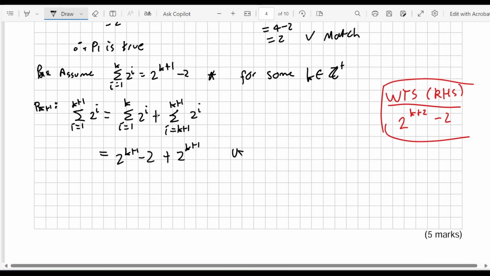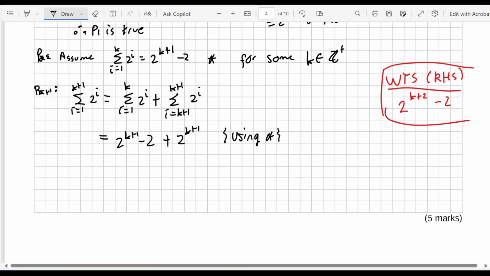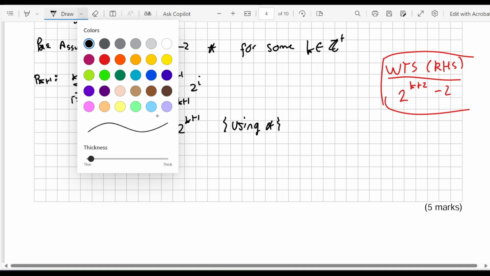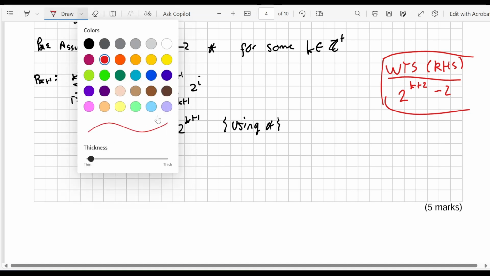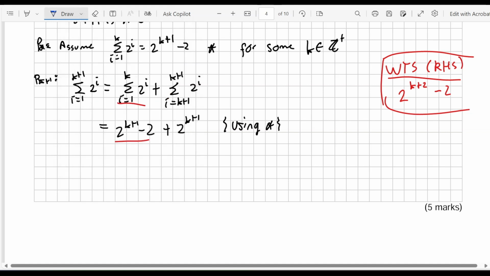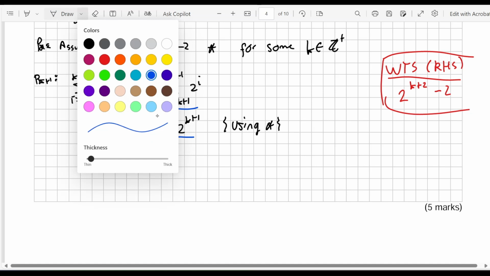So this is using star on the left and then evaluating the sum on the right. So just to make it really clear, that was that bit, and that was that bit. So that's what both those pieces have become.